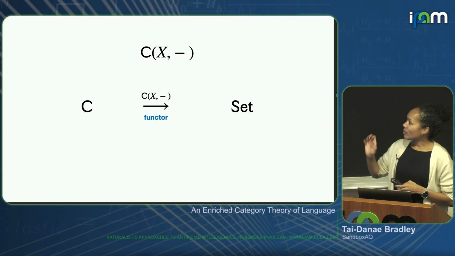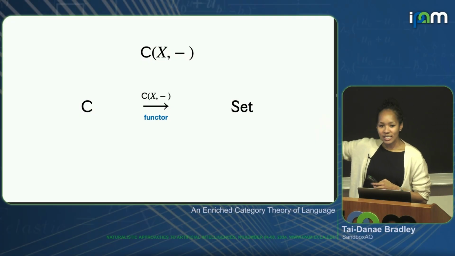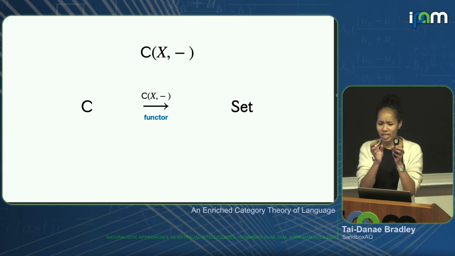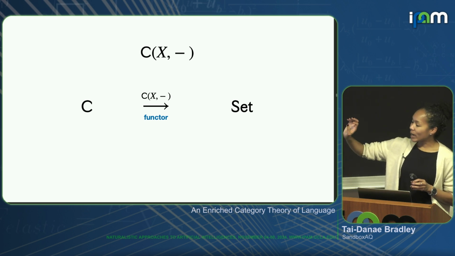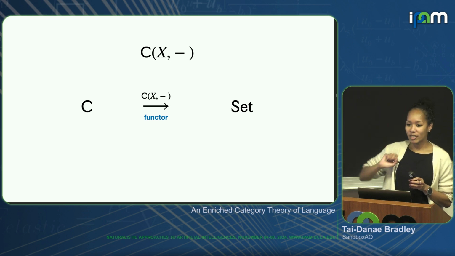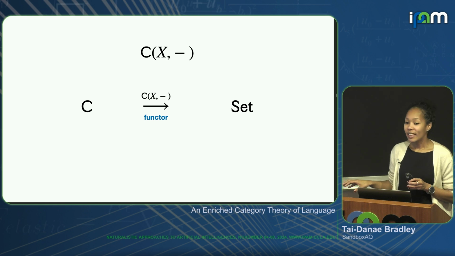And this has a name also. It's called a functor. More technically, a functor is an assignment between objects and morphisms of one category to another that respects the categorical structure. But for now, the punchline is you can think of this C(x, blank), which starts with an object and looks at all of its relationships, as a functor, a way to go from your category to the category of sets.